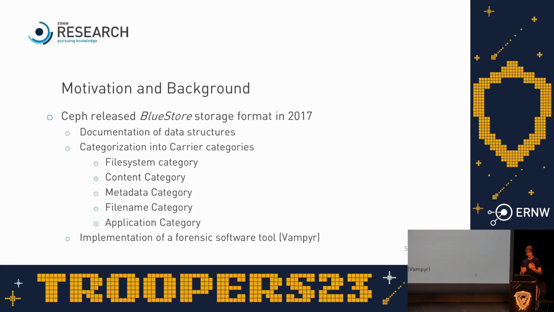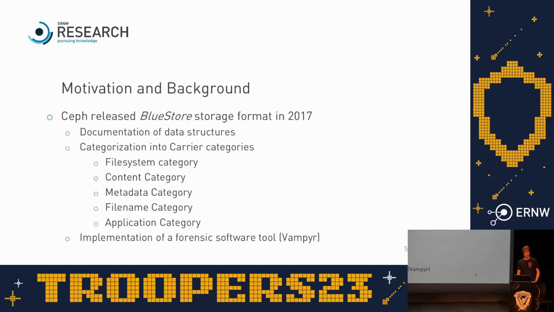I categorized all the data that I found based on the categories introduced by Brian Carrier. He is quite famous for doing work in the file system forensics area, and he introduced 5 categories called file system category, content, metadata, file name, and application category.